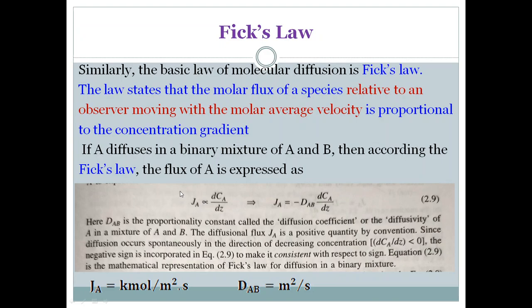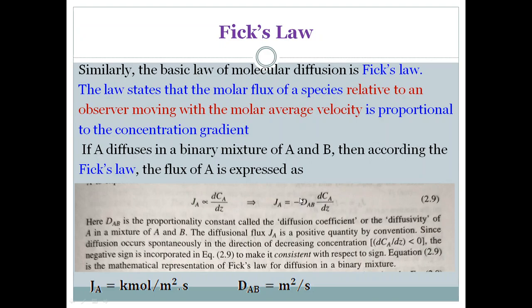Now for a binary mixture, if I have a two component system A and B, and A diffuses in the binary mixture of A and B, then according to Fick's law, the flux of A, that will be JA, is proportional to dCA by dZ, the concentration gradient, or JA equals minus DAB dCA by dZ.